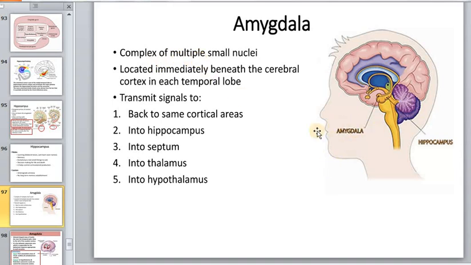Next part is the amygdala, a complex of multiple small nuclei. Here we see the location: immediately beneath the cerebral cortex in each temporal lobe. So we see this temporal lobe.